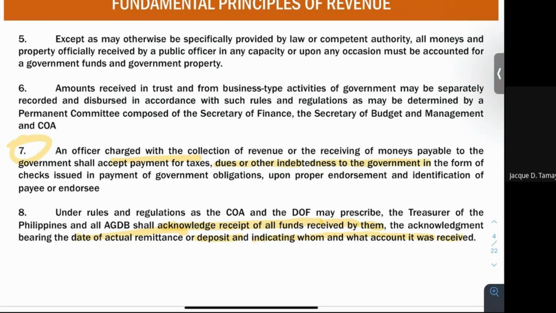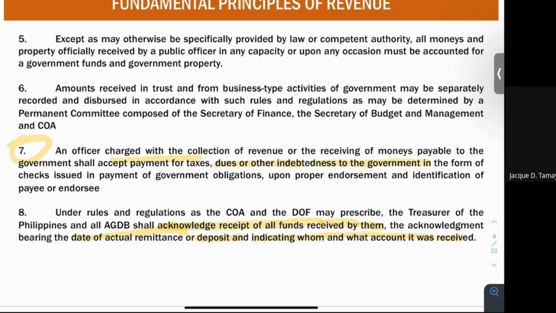So before, when I was working in the government, what we normally do is we compare the receipts and the report of the collecting officer. Then after we compare that, we total that amount and we look into the deposit of that particular collection.